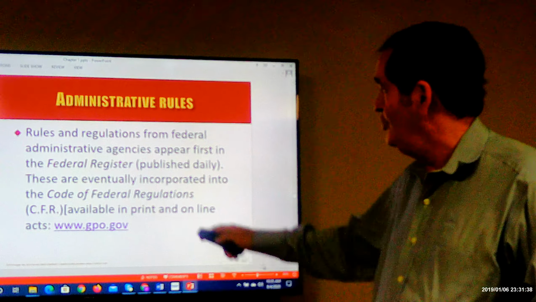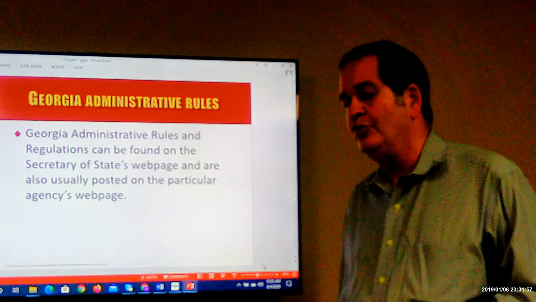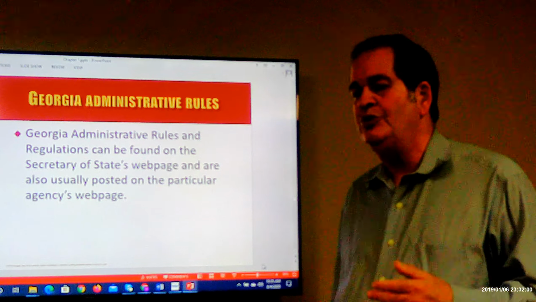So it's much better, if you can, to go online for federal regulations, and in that situation you may be able to use your search tool within your electronic research process. Okay. In Georgia, administrative rules are issued by the agencies, and then it's the responsibility of the Secretary of State to post those on the Secretary of State's web page.